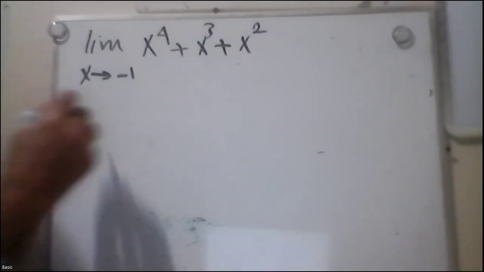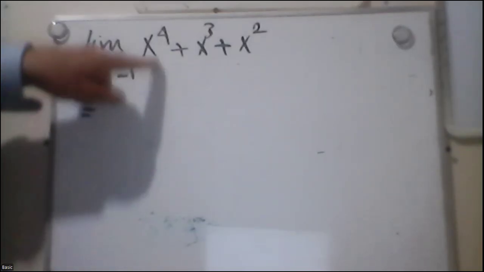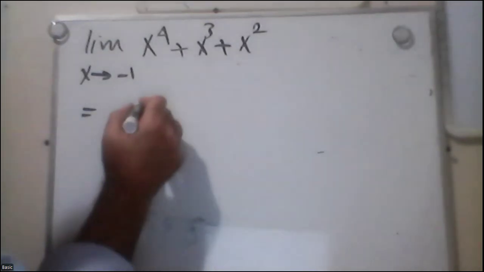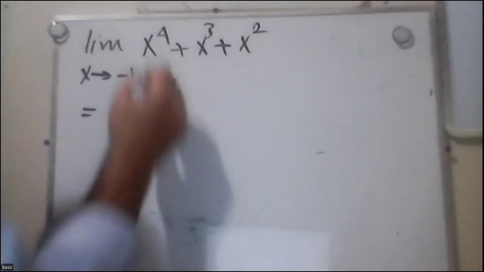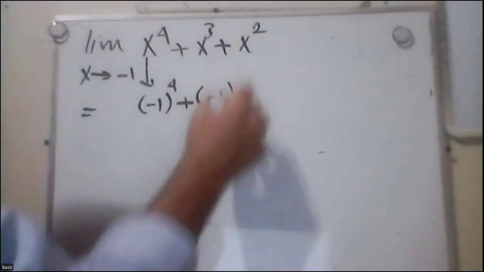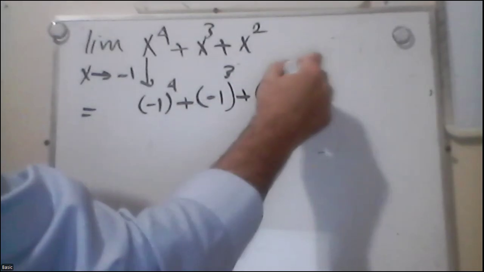So first of all, I will remove any x and put minus 1. So this will be minus 1 to the power 4, plus minus 1 to the power 3, plus minus 1 to the power 2.